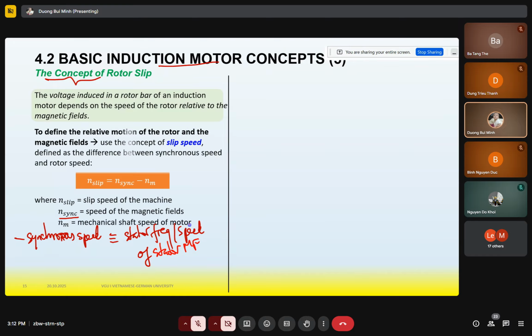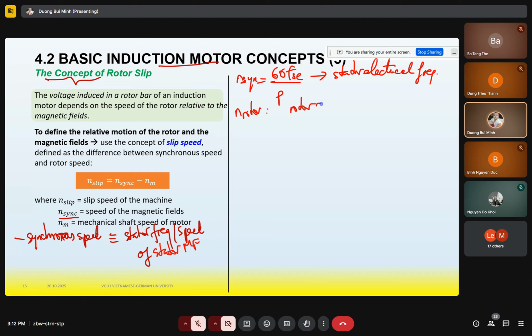We say n_sync, and n_sync is 60 f_se over P. Of course, we know f_se means the stator electrical frequency.